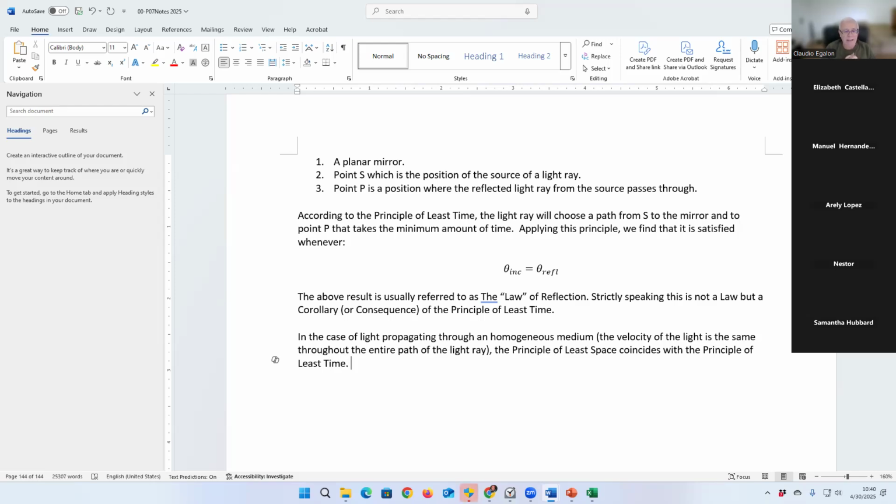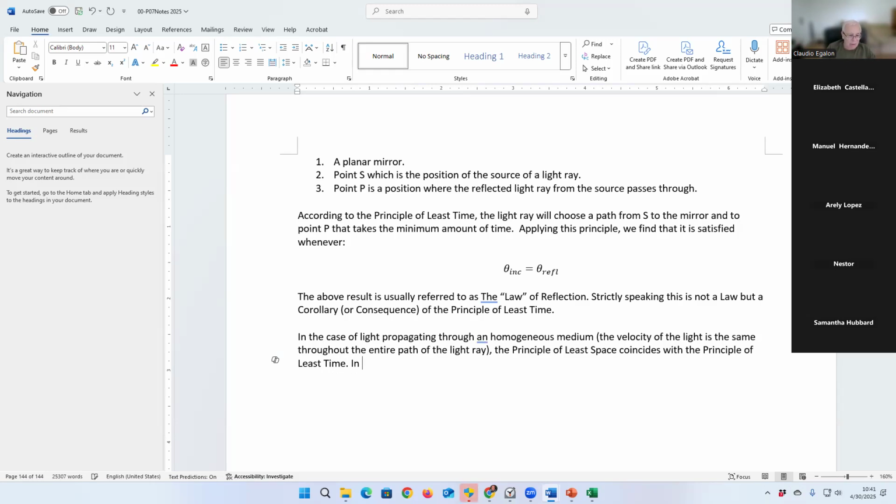In this specific case, where the velocity of the light is the same throughout the whole volume of propagation of the light ray, the principle of least space coincides with the principle of least time.